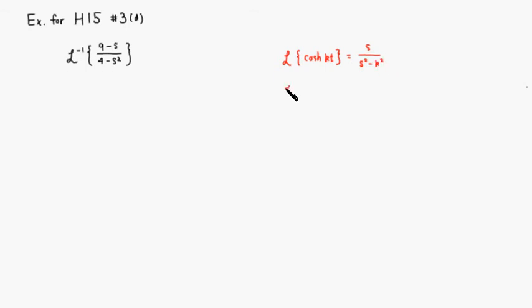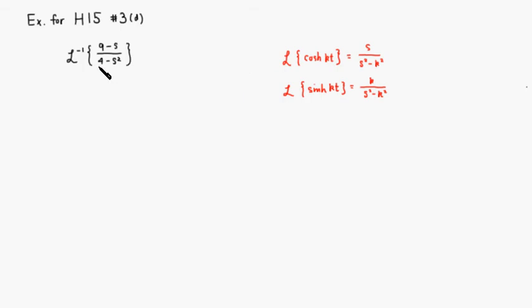And also the Laplace transform of hyperbolic sine of kt is equal to k over s squared minus k squared. Right? So let's try to fit this form.